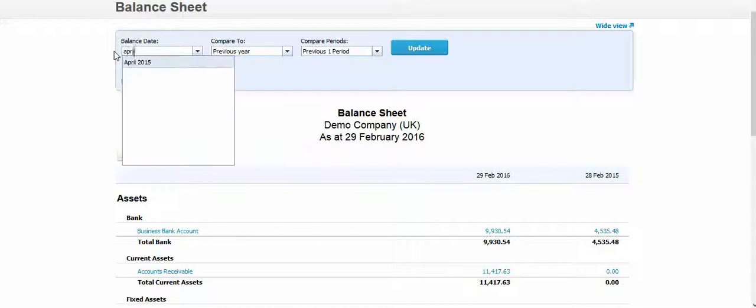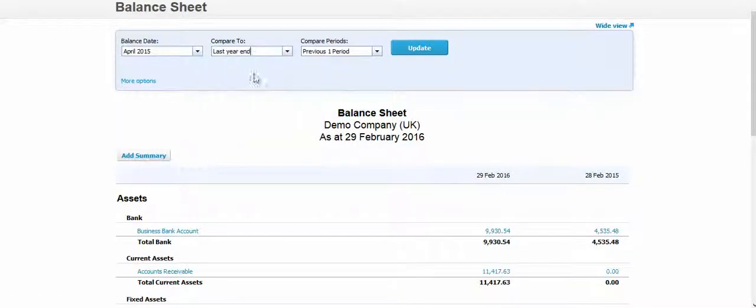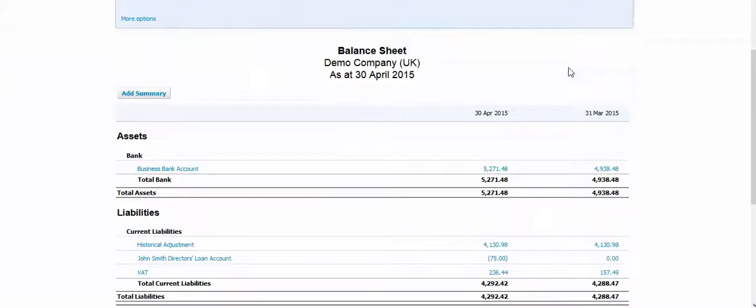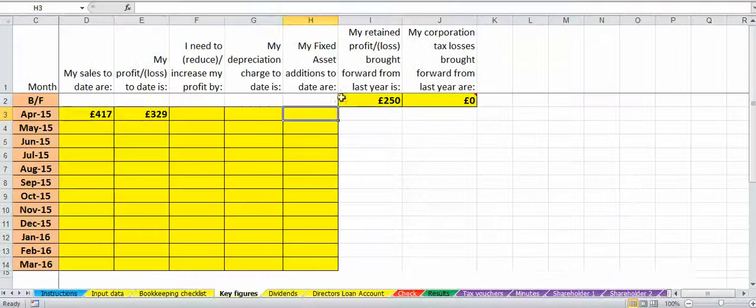So we're looking at April 2015, and you would compare to the last year end. So the difference between what your fixed assets are, and they would be under the asset section if you had any, so your computer equipment, plant and machinery, office equipment, motor vehicles, the difference between your figure for 30th April 2015 and what it was at your previous year end, that will be your additions figure.